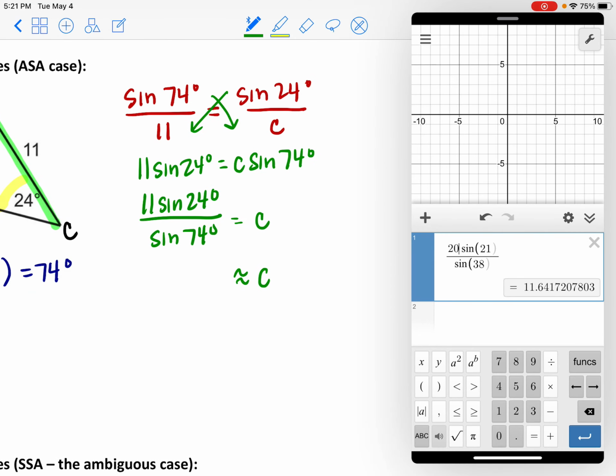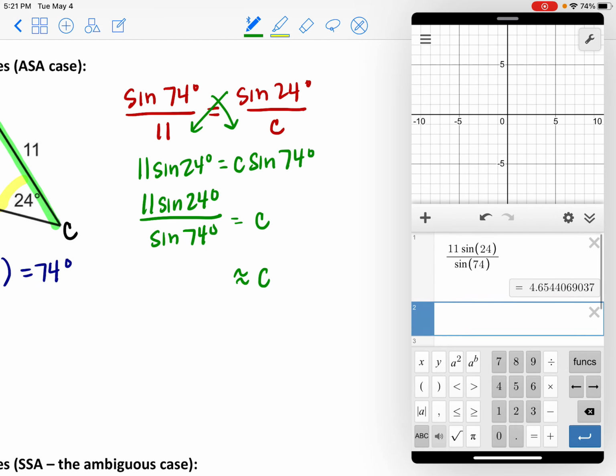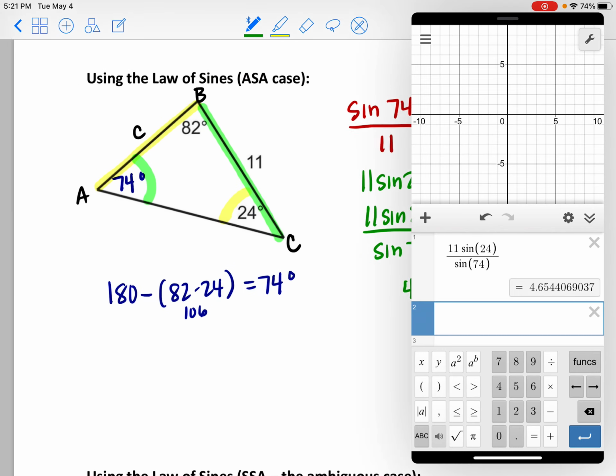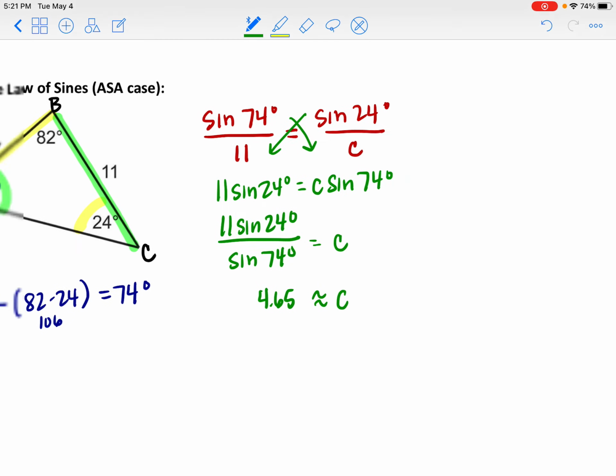It's 11 times the sine of 24 divided by the sine of 74, and that's still in degree mode. Okay, just making sure. 4.65-ish, approximately 4.65. So now I can say here, this is about 4.65.